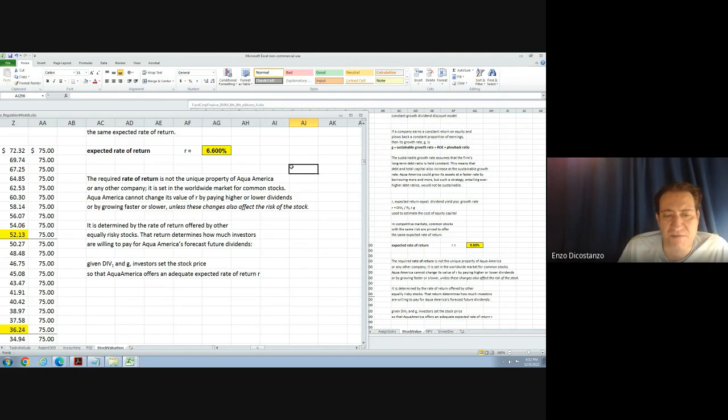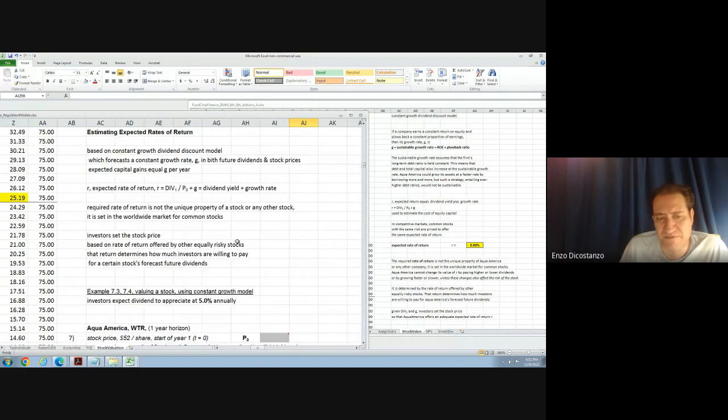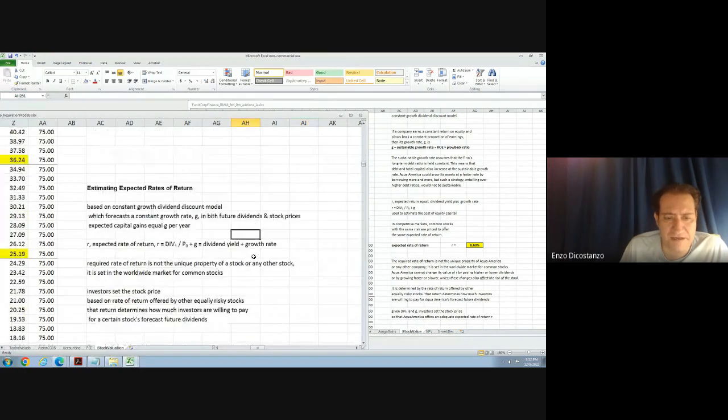It says it's determined by the rate of return offered by other equally risky stocks. Return determines how much investors are willing to pay for Aqua America's forecasted future dividends. Okay, and this is what the stock price is, and given stock price, growth rate, and dividend, how we determine expected return. So we did all that stuff, and here we are again, and this is basically the dividend yield plus the growth rate.